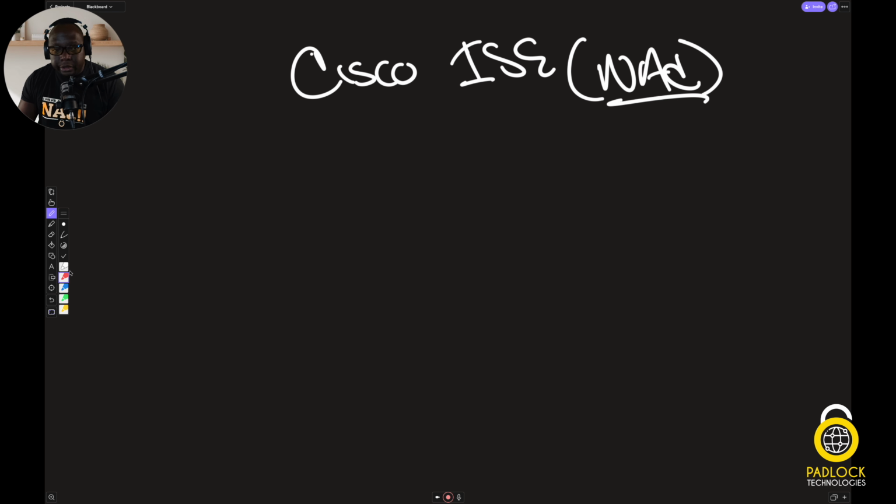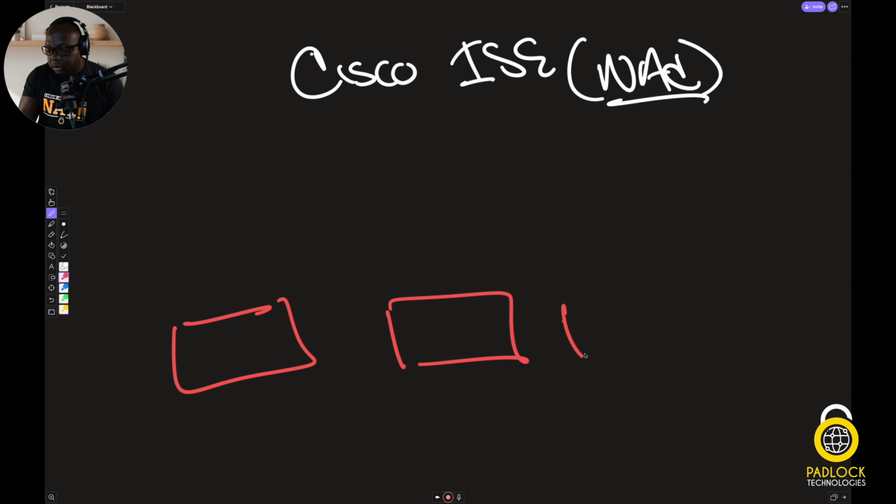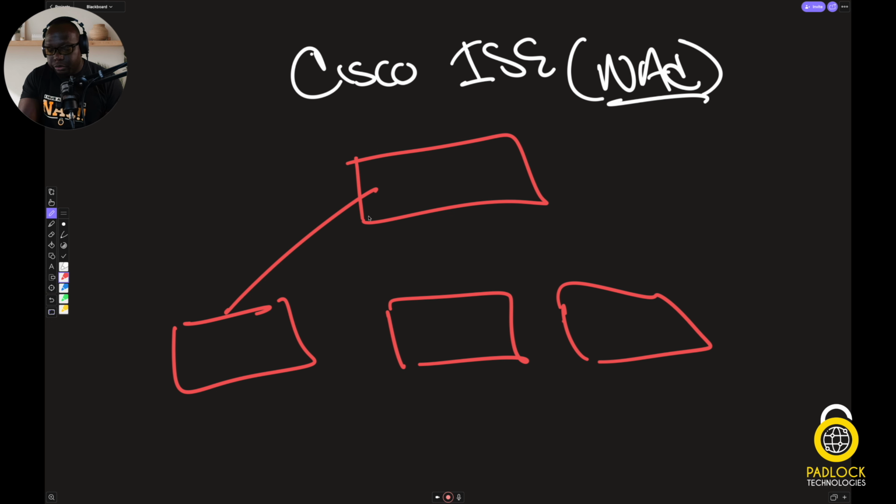Now there is a way to go above to the next layer, the distribution and core layers, or collapsed core, depending on what your design is. But this is mainly a function at the access layer, right? So let's draw this out. Here are your access switches, and then we have your distros, which is going to be a distro stack.